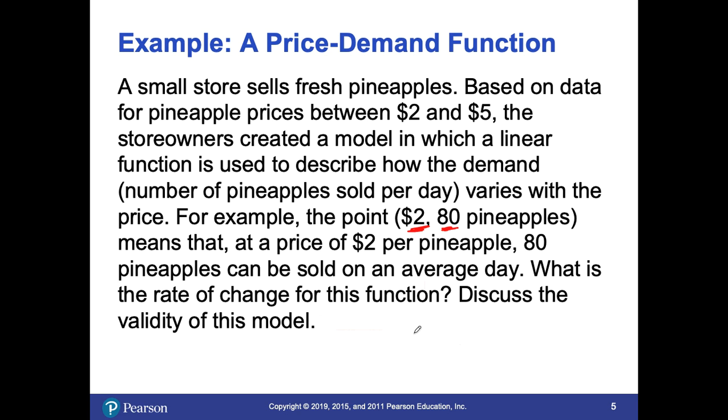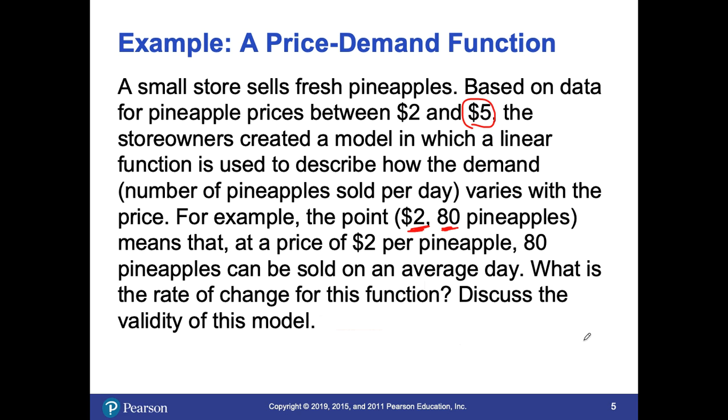Okay. Now, what do we think is going to happen if the price gets increased to $5? So obviously at $2 a piece, it's a pretty good price for pineapples. They sell 80 of them. Now it depends on how big the store is. That could be a lot of pineapples, that might not be that many, but let's assume it's a small store.